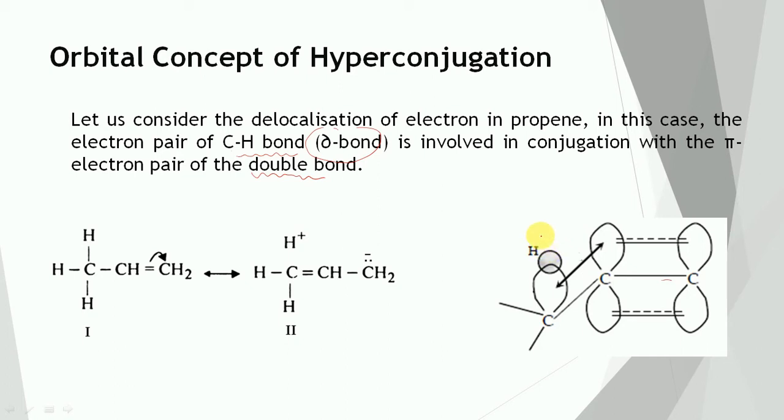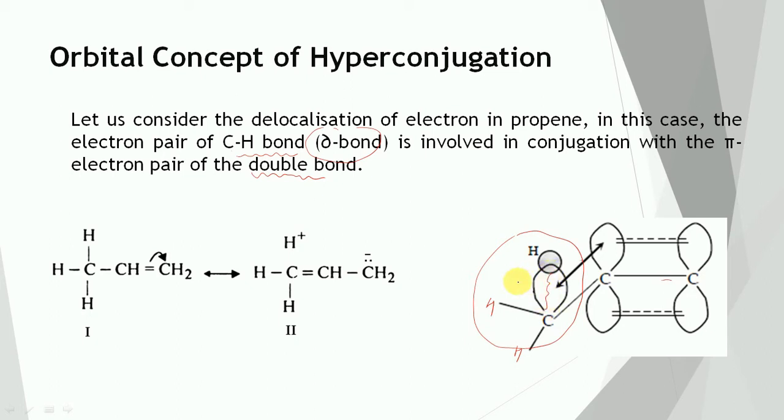So it is the case of propene, and this one is the methyl group attached to the double bond system. There are three hydrogens attached to the carbon through sigma bonds.